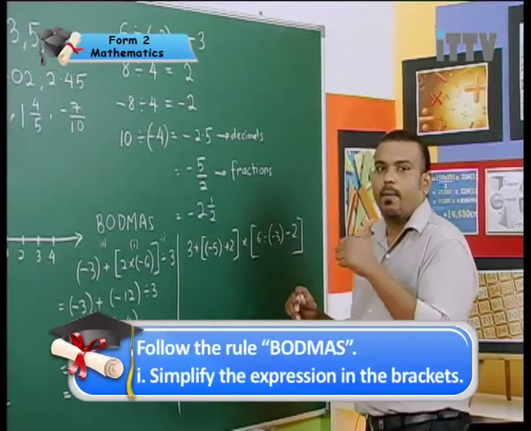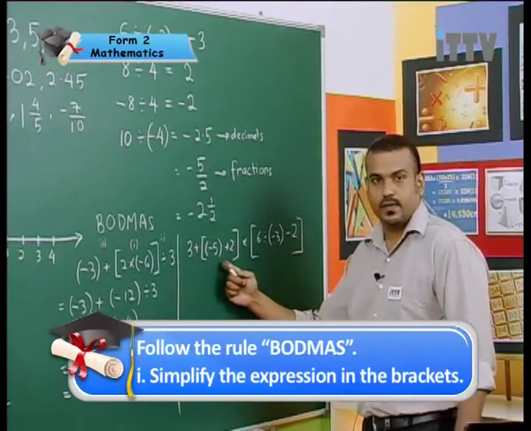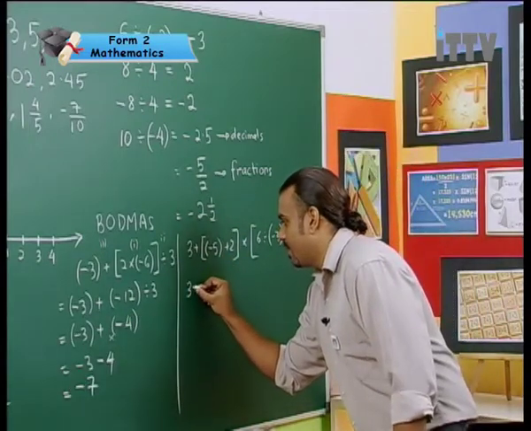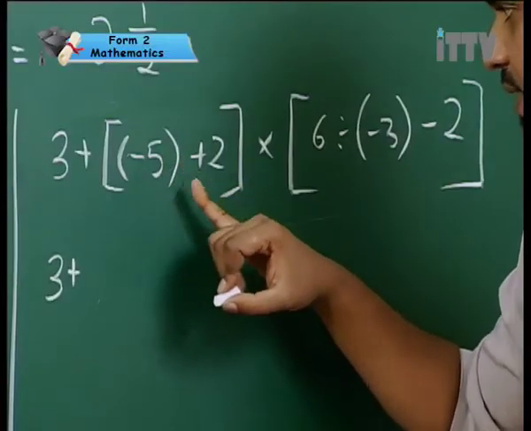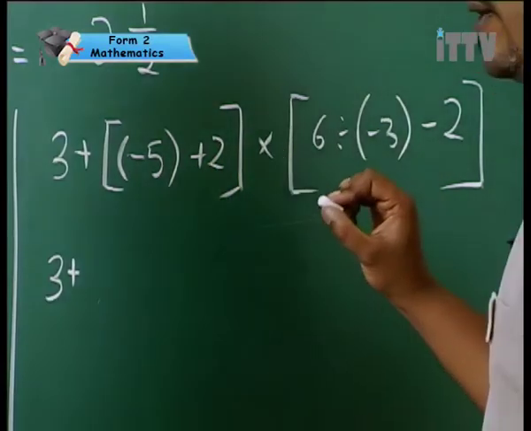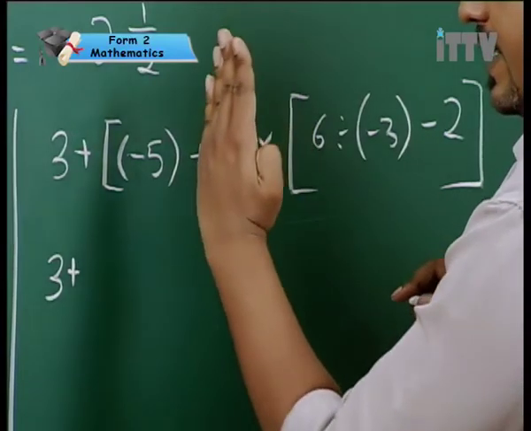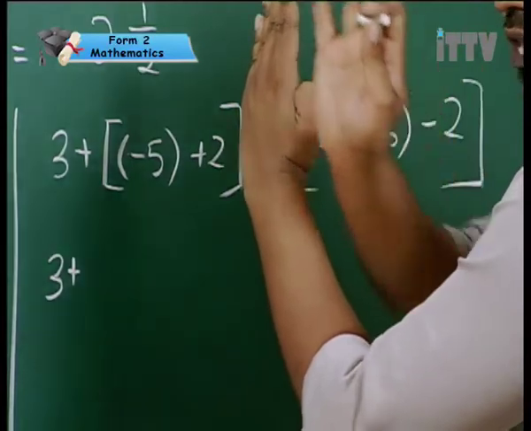First step, BODMAS rule tells us to complete the brackets first. Can we do that now? Let's see. 3 plus, negative 5 plus 2. So you remember now, in the number line, let's say negative 5 is here. If I'm going to plus 2, should I move to the right or should I move to the left?